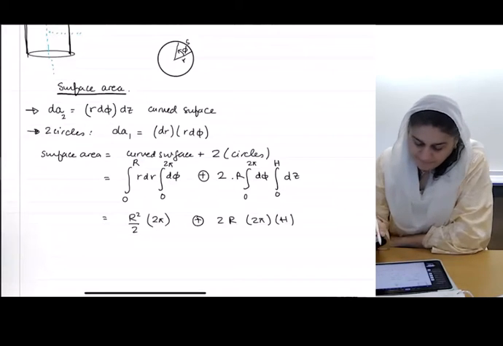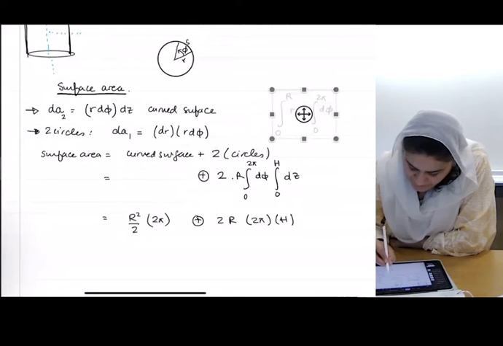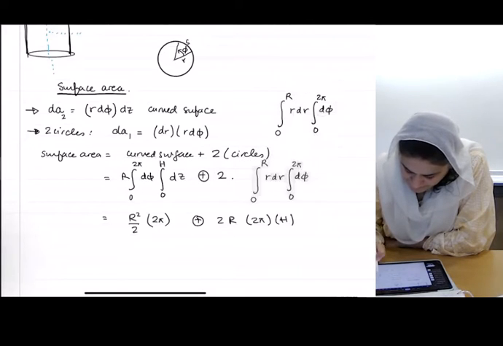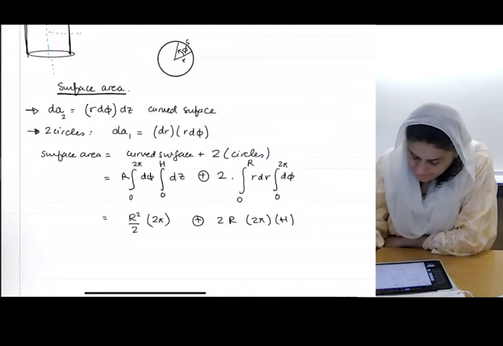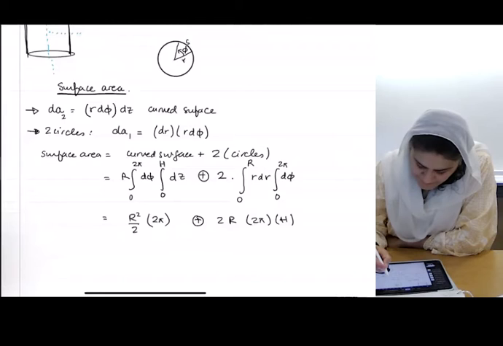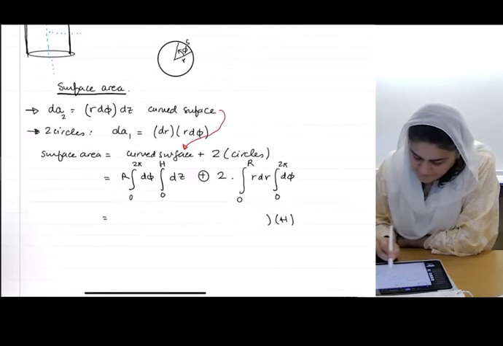Oh, wait, hold on. That should be replaced. This is my curved surface, so I'm going to move this over, and that will go here. Right, my curved surface should go in here. And so this will be different.